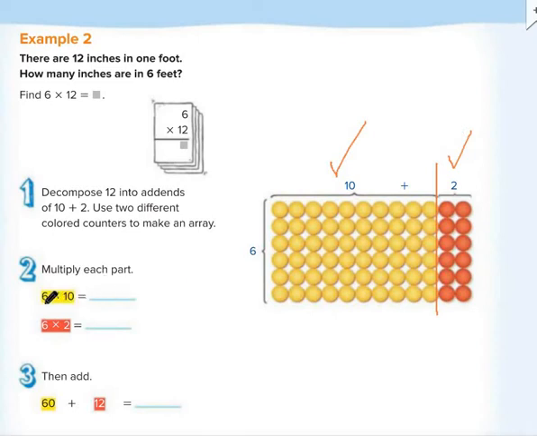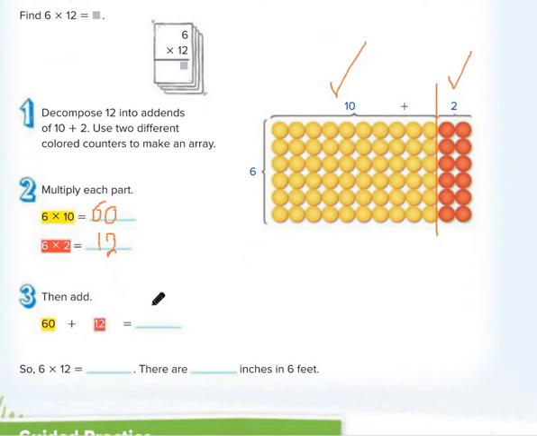So we will find 6 times 10 equals 60 and 6 times 2 equals 12. Now we have to add the products. 60 plus 12 equals 72. So 6 times 12 equals 72. So there are 72 ants in 6 feet. It's so easy, right?